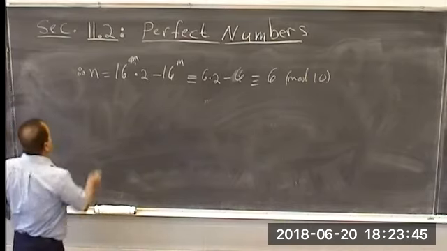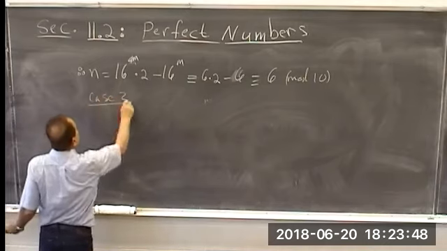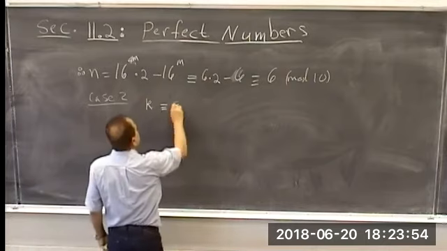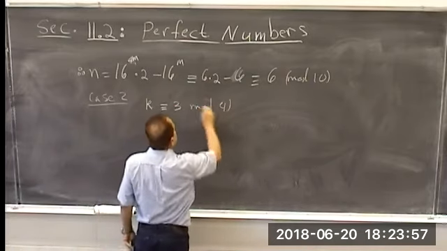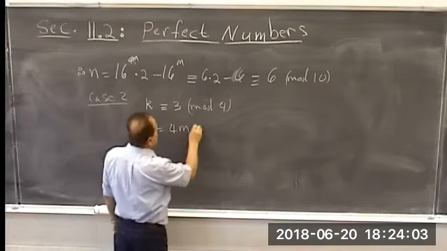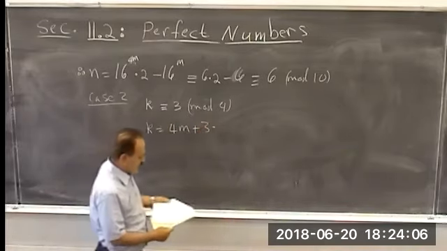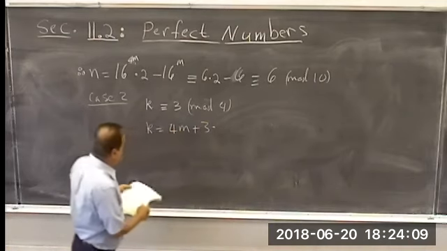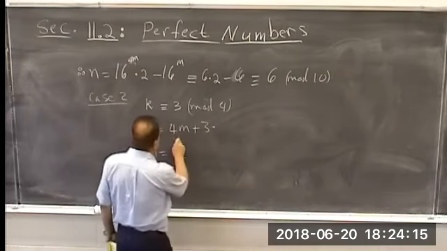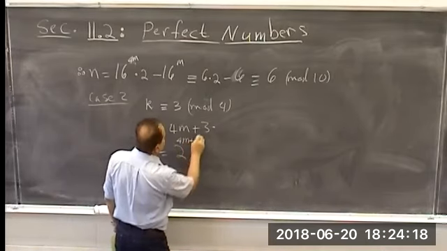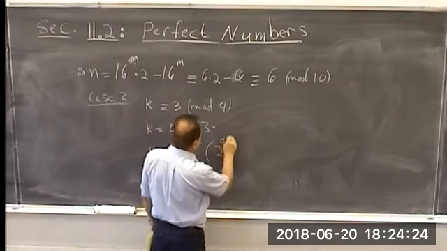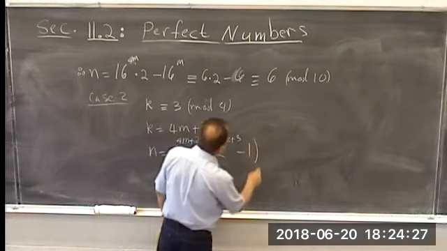Now, case 2 we're going to consider is when k is congruent to 3 mod 4, which makes k equal 4m plus 3. And a very, very similar argument proves the same thing. So here, n is going to be 2^(4m+2) times (2^(4m+3) - 1).